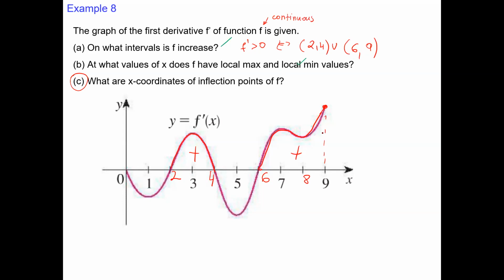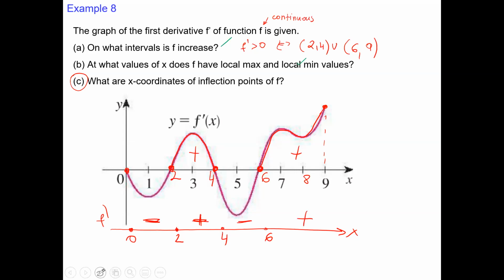Now local maxima and local minima. If we quickly do the test, we can see 0, 2, 4, and 6 are the critical points. The first derivative below the x-axis is negative, above the x-axis positive: negative, positive. And now our first derivative test.